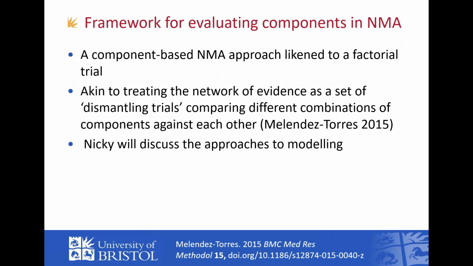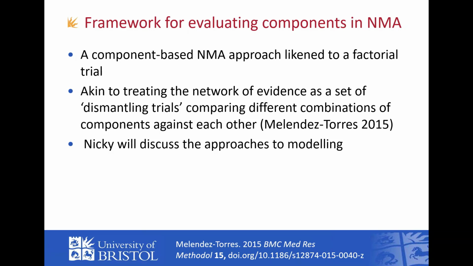So rather than using that whole clinically meaningful unit intervention level in our network meta-analysis, what we're thinking about in a component network meta-analysis is, in effect, using the components themselves as the unit of analysis. Or if you like, you can imagine them as the nodes in that network plot rather than the whole intervention. And in this way, a components network meta-analysis has been likened by Melendez-Torres to being like a factorial trial.